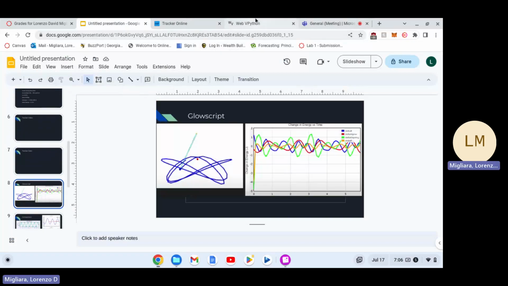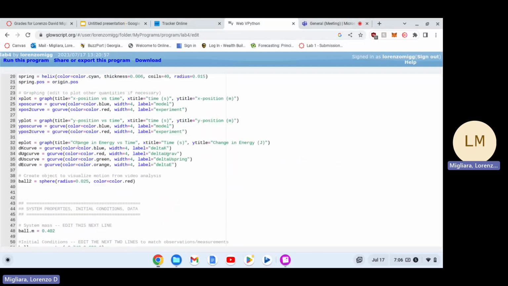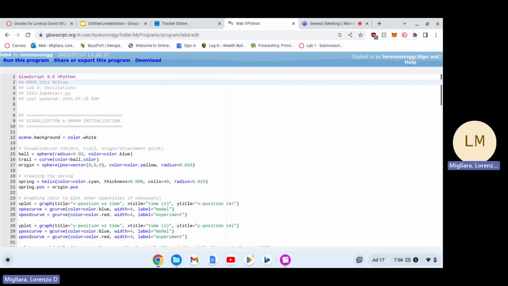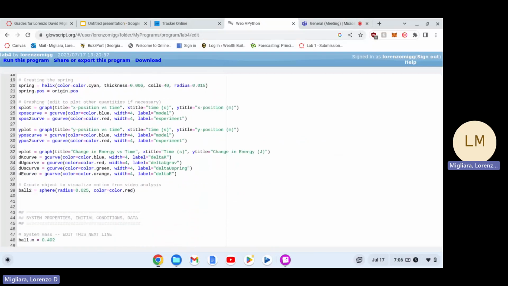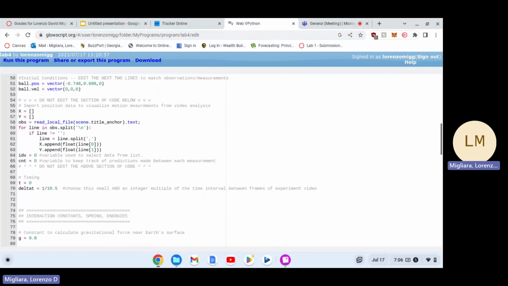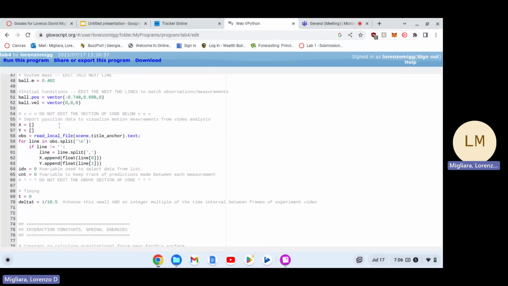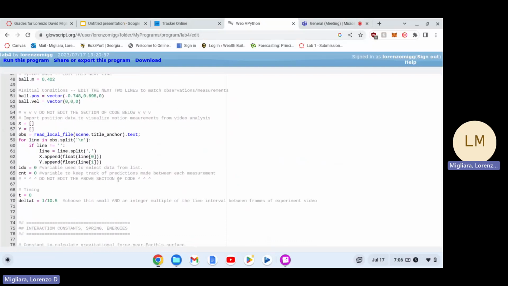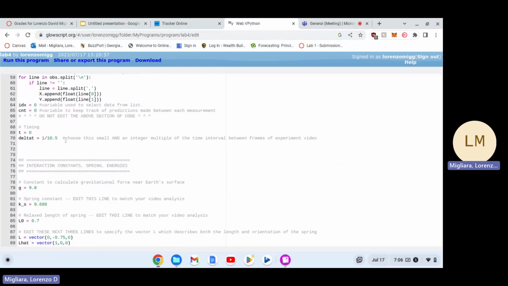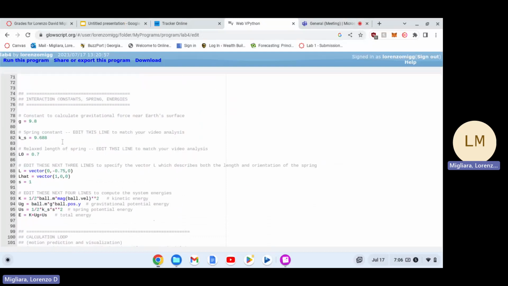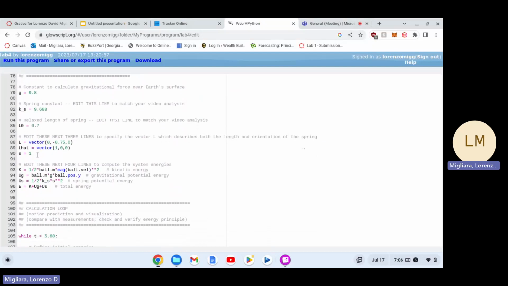Let's get into the GlowScript. So here we go. This is all preliminary visualization and graph initialization. Here are the initial conditions I mentioned before. This is for importing the data from tracker. This is the 1/10.5 seconds. Acceleration of gravity, spring constant, length of the spring.